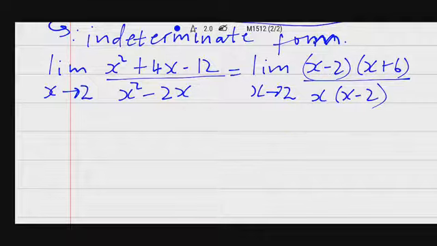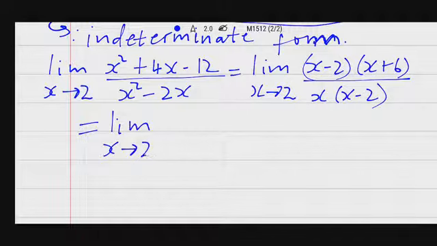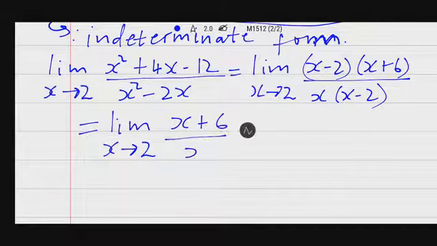In this case, we are safe to cancel out because we assume that x is different from 2. So we have the limit as x goes to 2, and in the numerator you are left with just x plus 6, divided by x. Now you are ready to substitute.